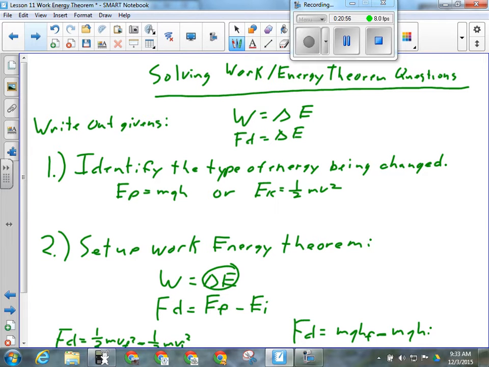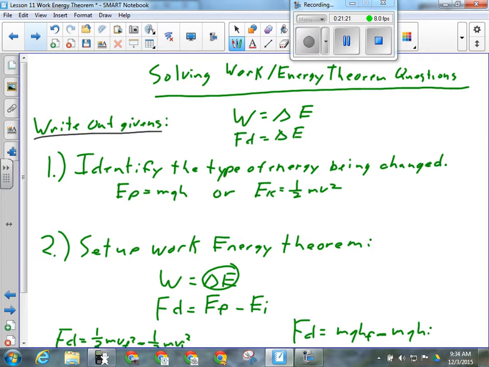We always start out with that step. Write out the givens. When you do that, you'll figure out whether you need to do force times distance or whether they already did it for you by giving you work in joules. Once we've written out our givens and we've read the question, and reading the question is important.